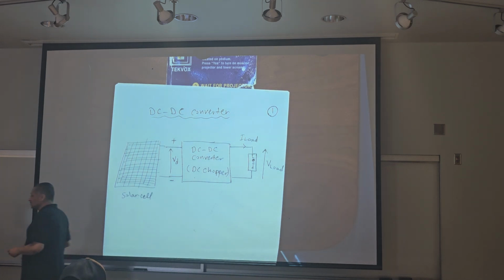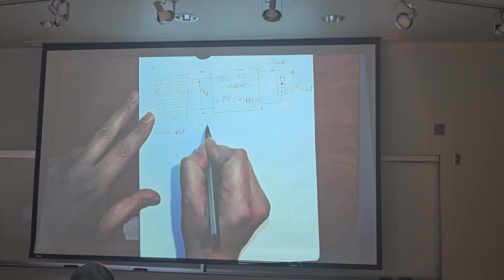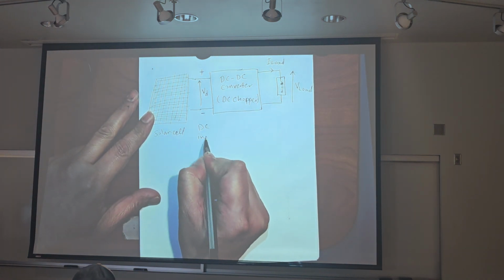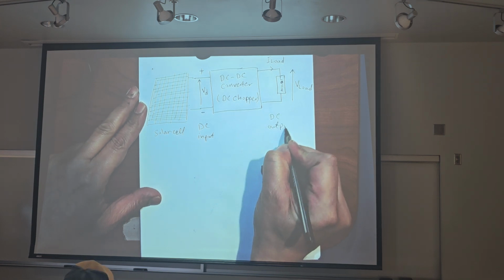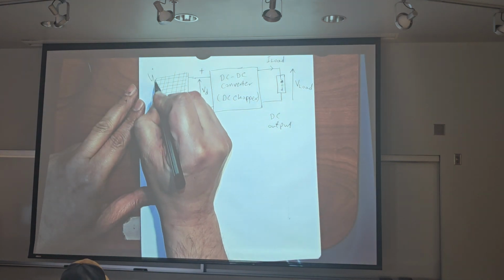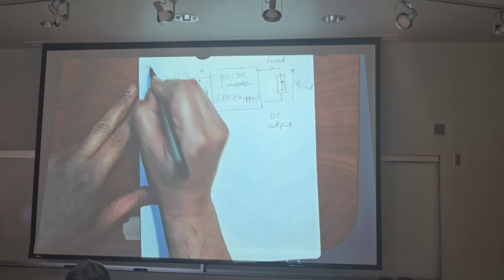So the input is DC, the output is DC. For the solar cell, the input depends on temperature and light.